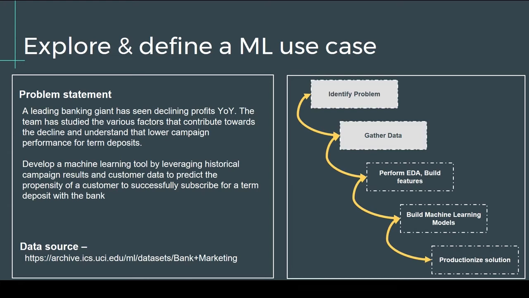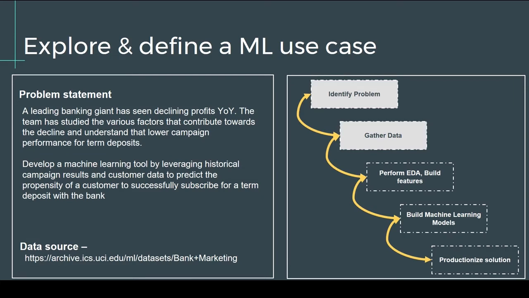Then they would only select those customers who have a higher propensity for subscribing to a term deposit. The algorithm is developed using historical data and predicts the outcome expected for customers under different situations.